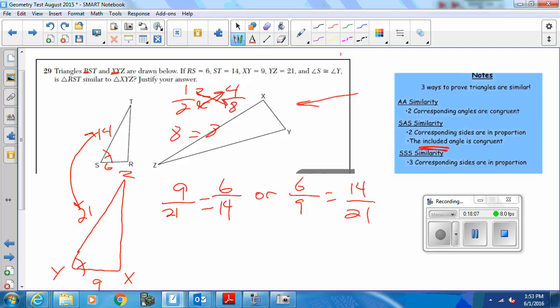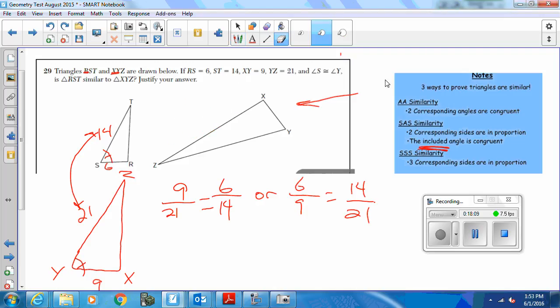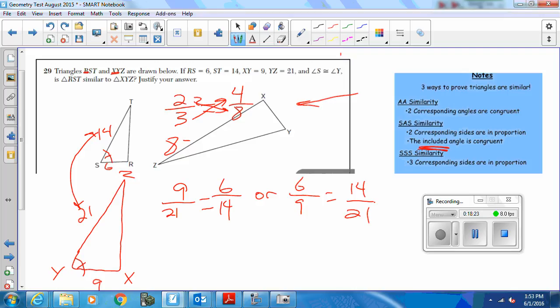Now, if you had 2 over 3, and you wondered, is that equal to 4 over 8? You should look at that and say, no, that's not true. One way to check it is cross products. Is 8 equal to 12? No. So those would not be proportional.